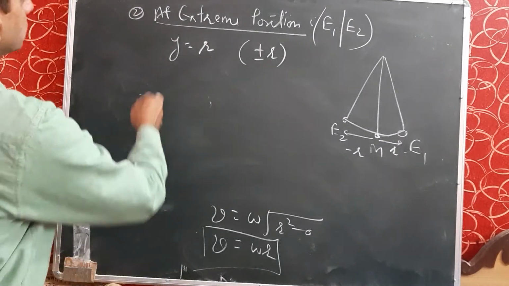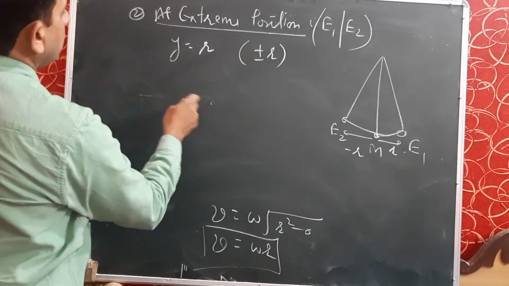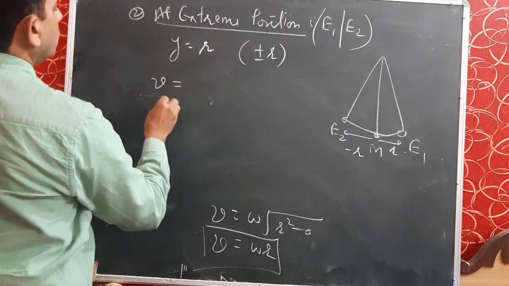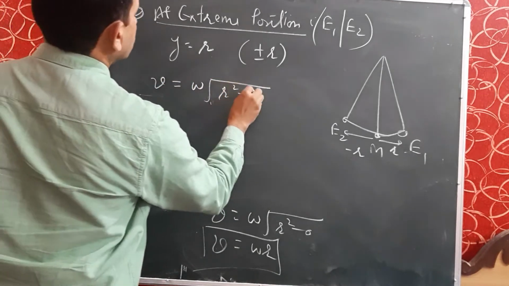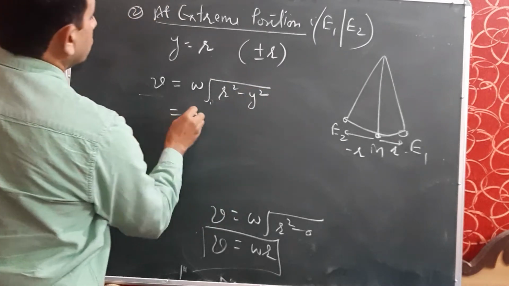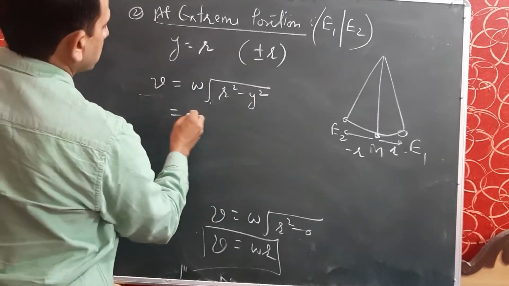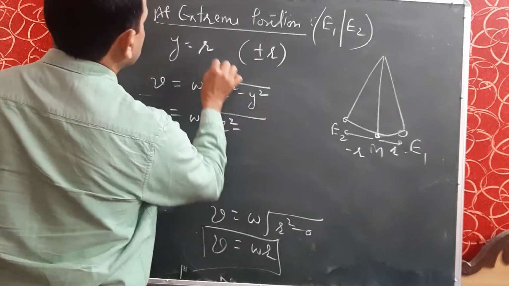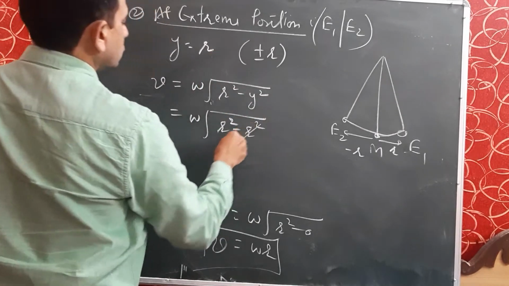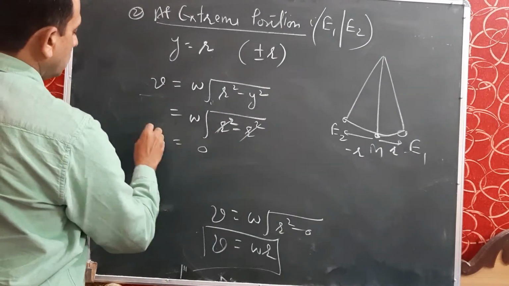So putting y is equal to r in the formula of velocity, omega into the square root of r square minus y square, when we put the value of y as r, we will get r square minus r square, so r square cancels out and it will be 0.